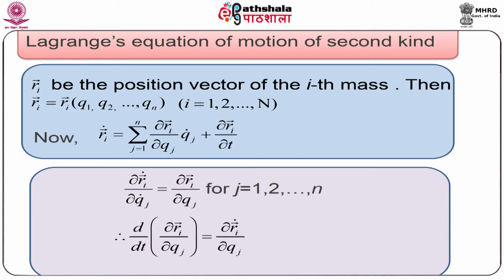Please note that this term is independent of qj dot, so we get this result from this term. Again, d/dt of del Ri vector/del qj is equal to del/del qj of Ri vector dot. Here we have interchanged d/dt and del/del qj operations, and interchanging this we get this result.